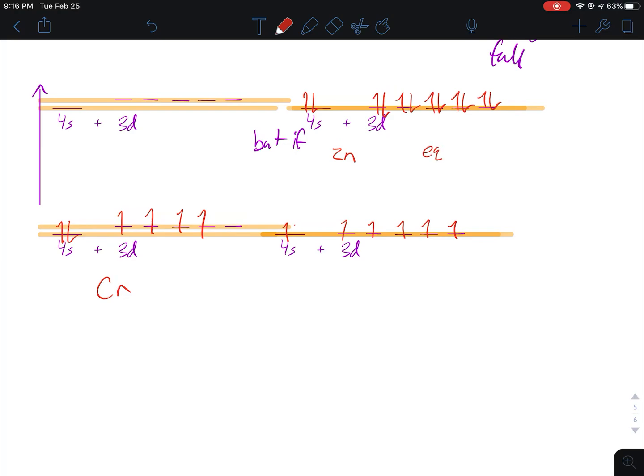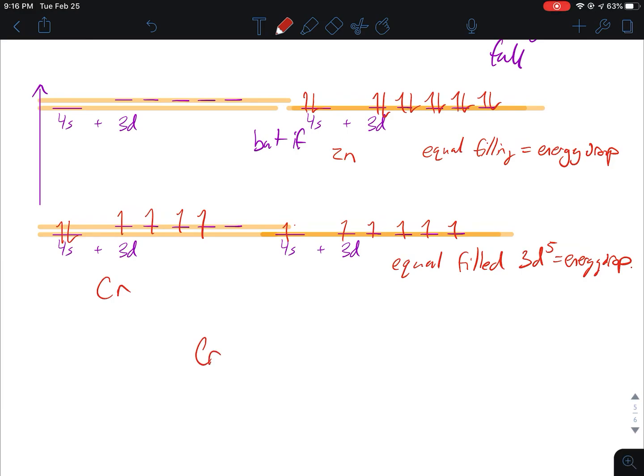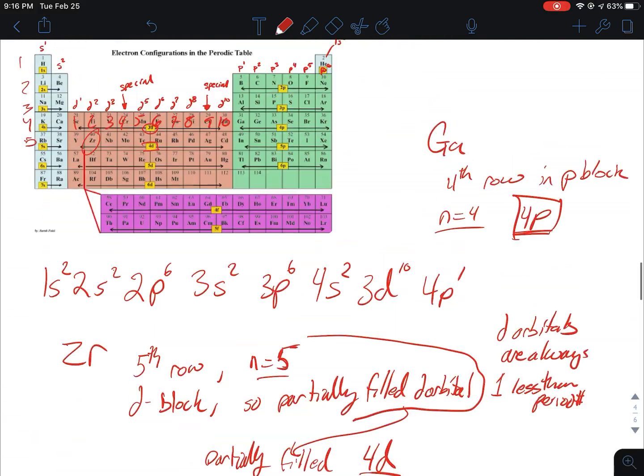You get equal filling equals energy drop. So equal filled 3d5 equals energy drop. And so this is why you'll find that chromium will be 4s1 3d5.